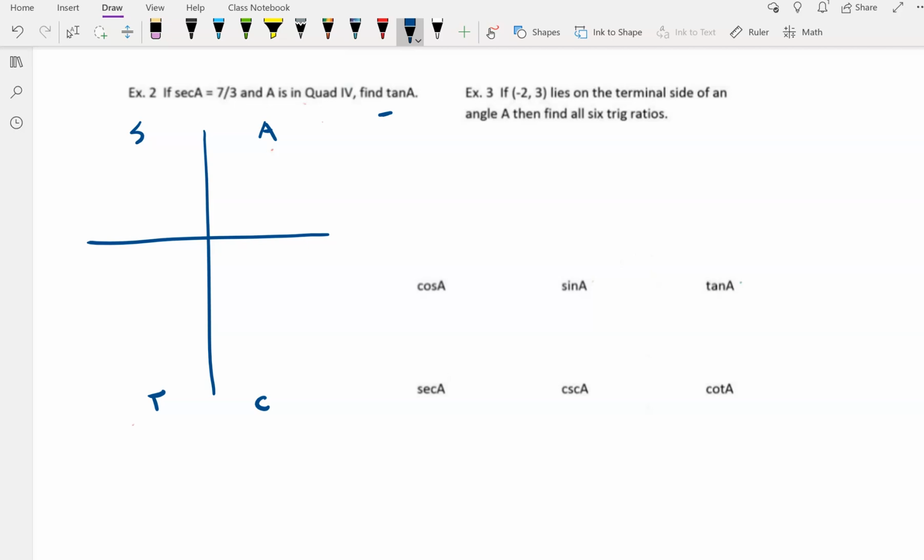And so cosine is adjacent over hypotenuse. This is going to be hypotenuse over adjacent. So adjacent is the x. So adjacent is 3. And hypotenuse is 7.